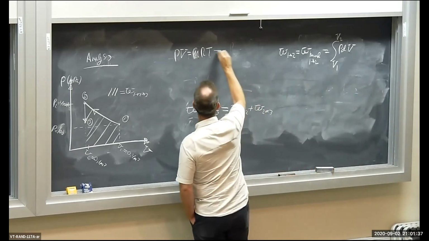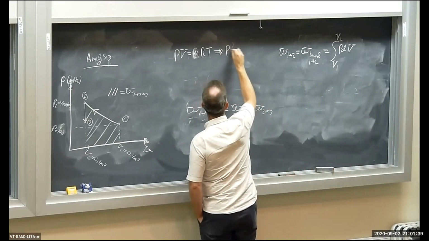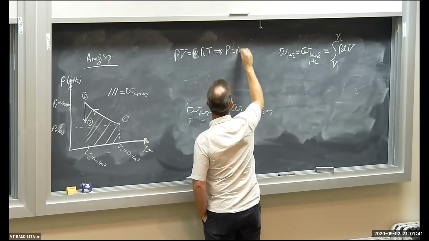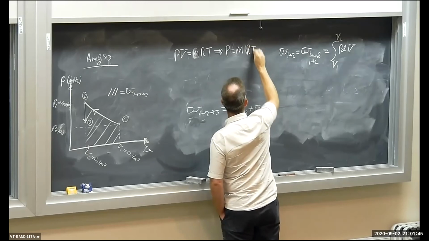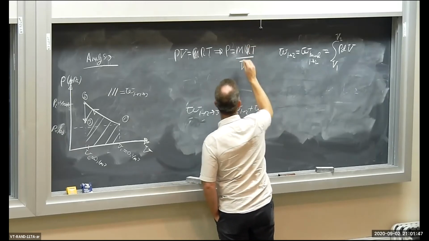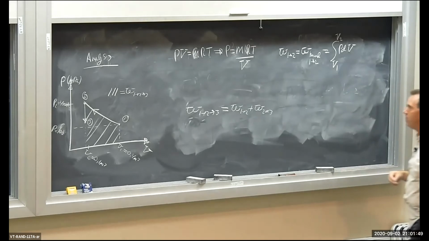And that means pressure is equal to mass times the gas constant, R, times T divided by the volume. P equals mRT over V. All right?